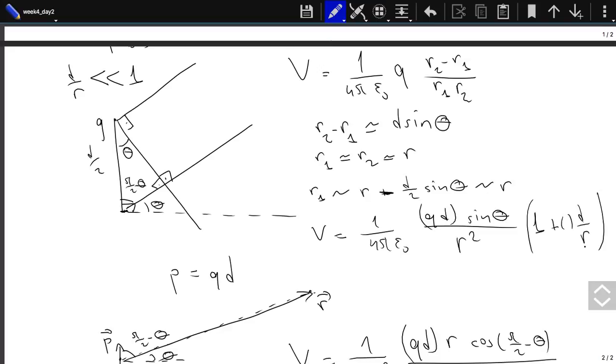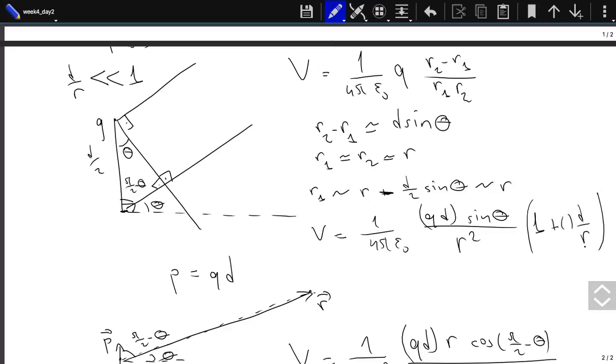So let's say the size of my dipole is the size of the molecule, and I'm observing it at a distance that is 10 times the size of the molecule, so this will be just 0.1. And it will be just a 10% correction to this expression. In general, we will be observing at distances 100 times the size of the dipole. That is just a 1% correction.